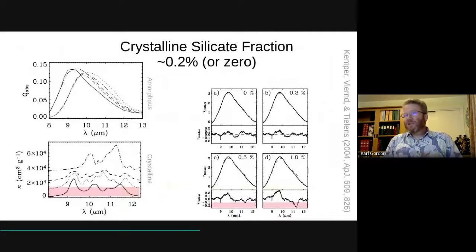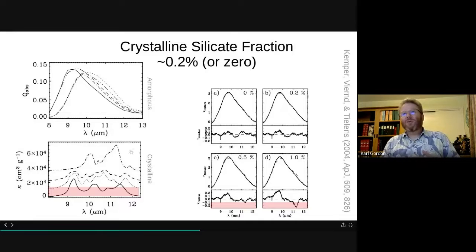One of the things that's already been shown very clearly from the laboratory data is that in the diffuse ISM, the amount of crystalline silicates is extremely low. It's a very nice, easy thing to see on the left. I'm showing you the extinction, or the absorption, due to amorphous silicates. And you can see the feature can peak anywhere from 9 to 10-ish microns.